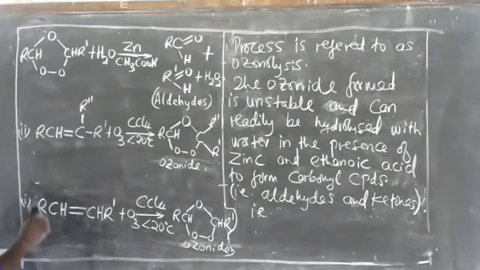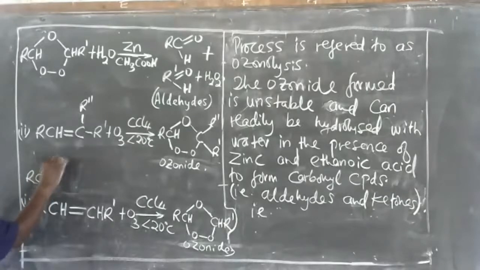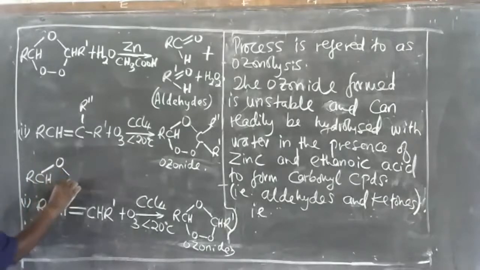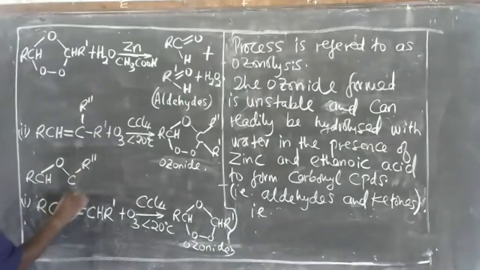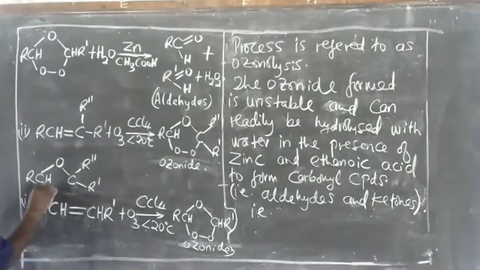We get a final product, which is going to be, for example, from the ozonide R CH O C R prime, we have R prime, we have O.